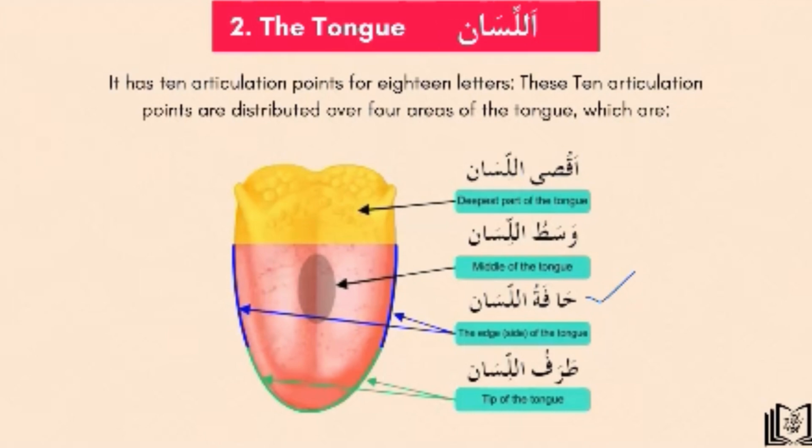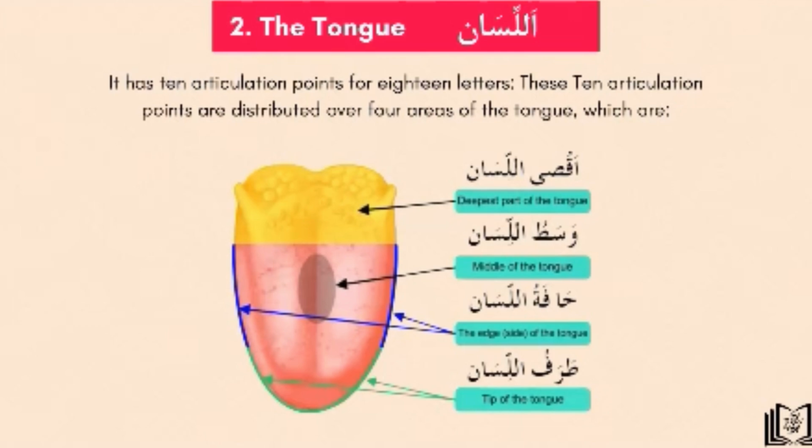Then Wasatul Lisan, وسط اللسان. Then Aqsal Lisan, أقصى اللسان. Among these 4 parts, which one is familiar? Which word is easy? Wasat and Aqsa.